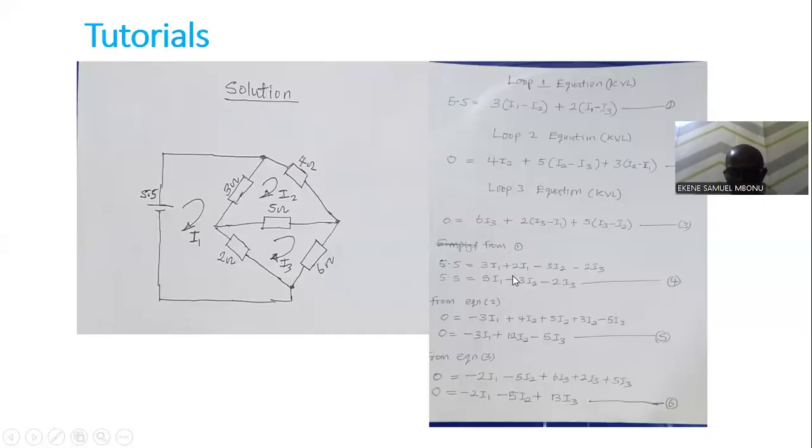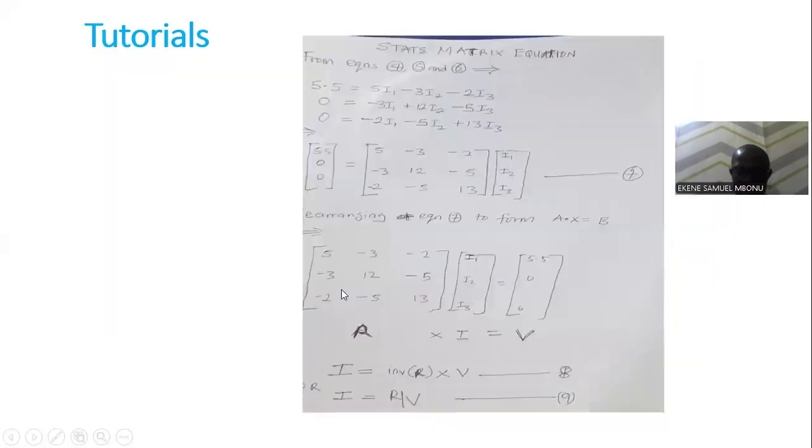From equation 1, we get that 5.5 = 5I1 minus 3I2 minus 2I3. From equation 2, when we open the bracket, 0 = minus 3I1 plus 12I2 minus 5I3. And from equation 3, 0 = minus 2I1 minus 5I2 plus 13I3.